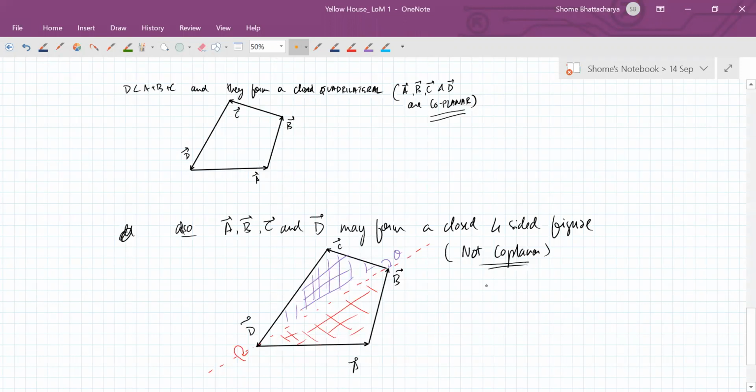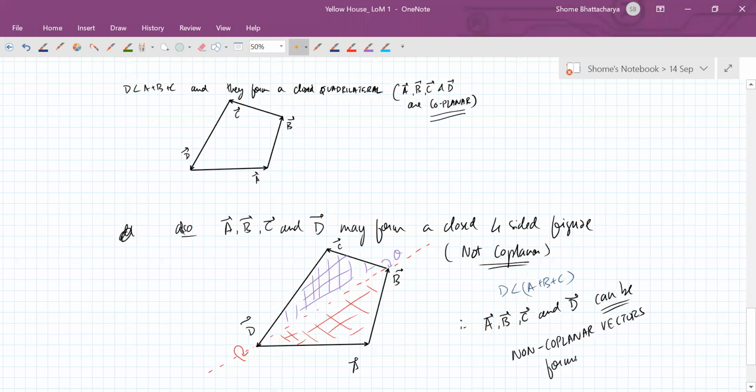But even in this case, what will happen? D's magnitude is less than A plus B plus C. Okay. So that means they can be. So therefore, E, B, C, and D can be non-coplanar vectors, but forming a closed four-sided shape.